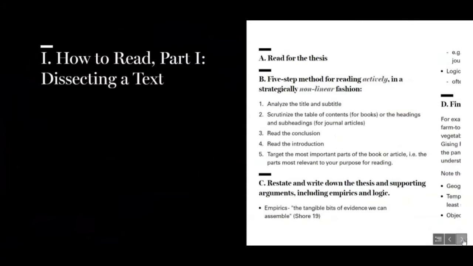Next, the author, Zachary Shore, recommends that after you have looked at the title and then scrutinized the contents of the book, the table of contents, you can then flip to the conclusion. The conclusion is where the author summarizes what he or she has said before and then drives home the main point of the intellectual endeavor.